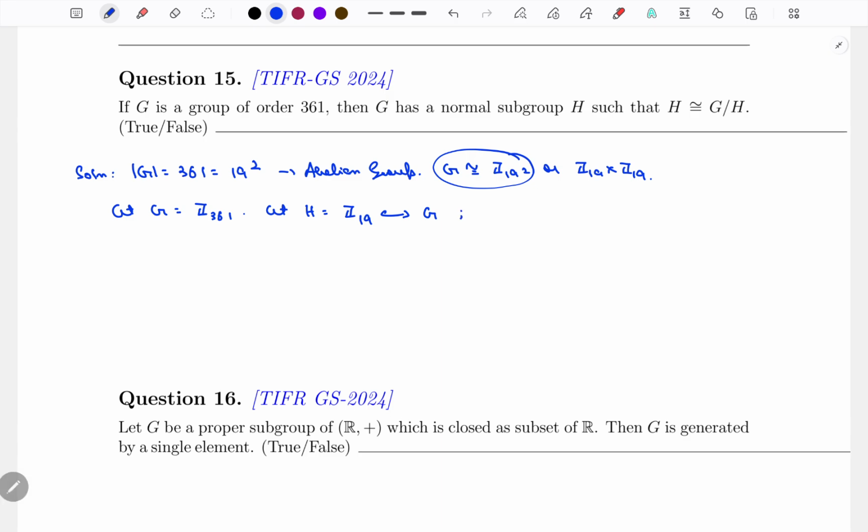But then observe, now what is G mod H? It should also be isomorphic to Z19. So by the statement you have Z19 is isomorphic to Z19. Okay, so I think this works, right? Yeah, so it's working. So it is working for Z19 squared. Fine.